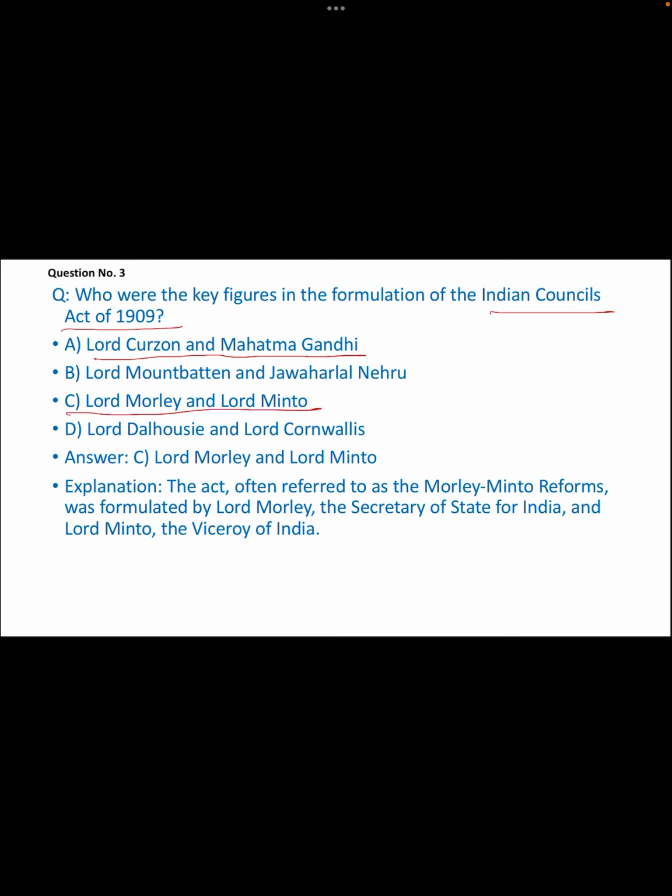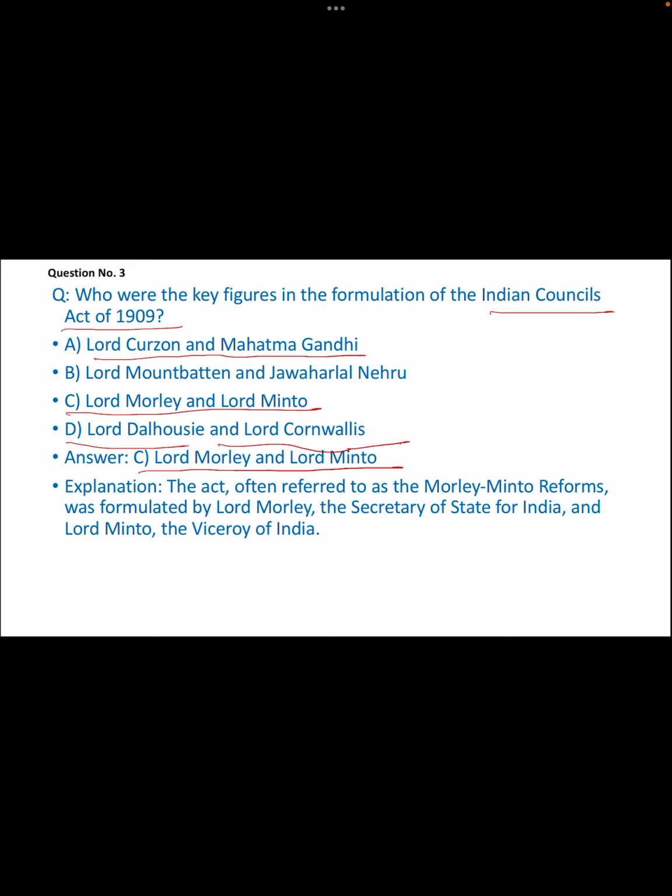C. Lord Morley and Lord Minto. D. Lord Dalhousie and Lord Cornwallis. So these are four options: A, B, C, D, and option C is the right answer.